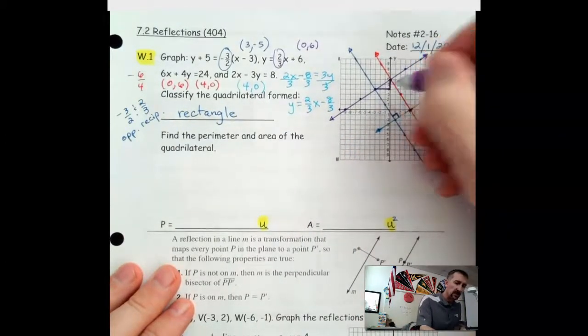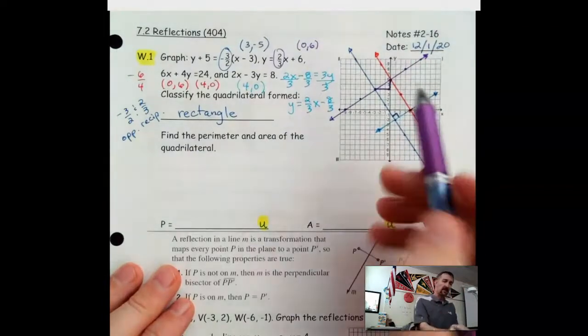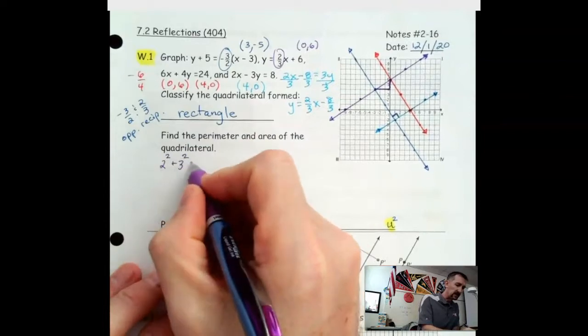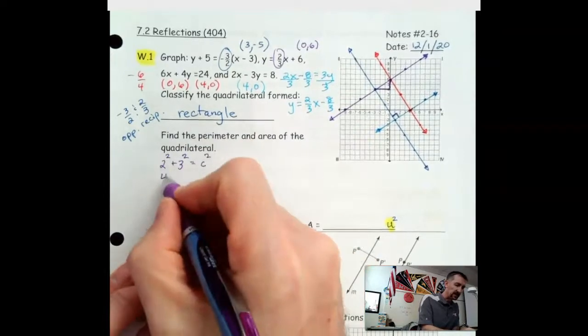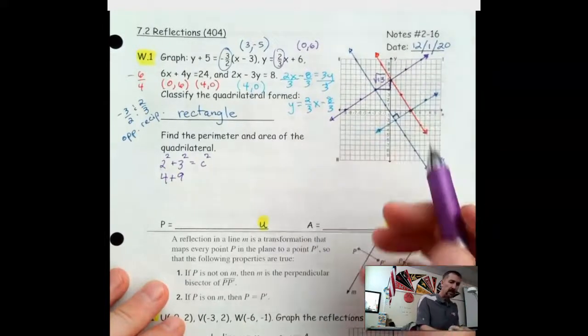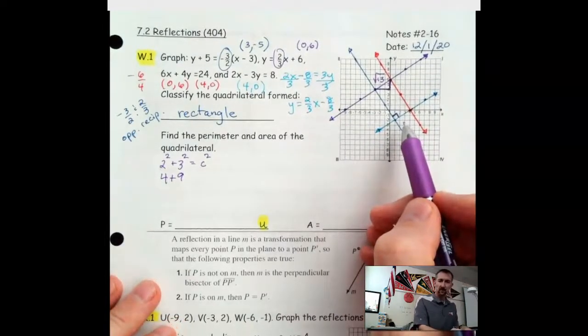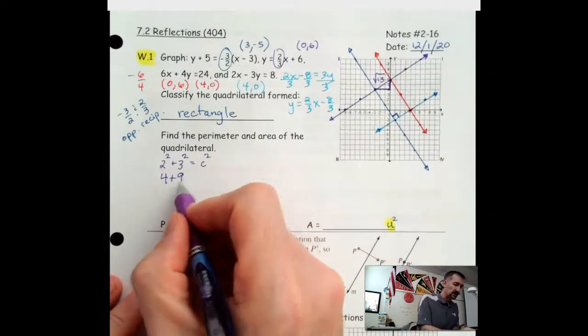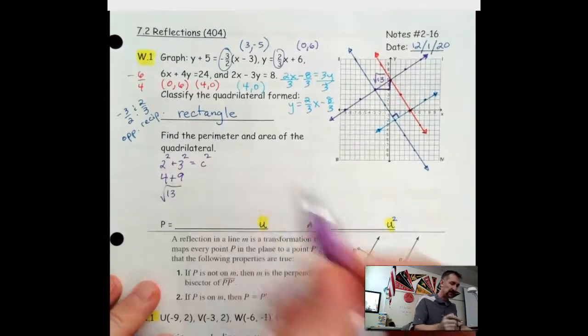So that makes a right triangle, and that's 2 by 3, so that's going to be 2 squared plus 3 squared equals c squared. So that's going to be root 13. And that means this side down here is also going to be root 13 because opposite sides of a parallelogram are congruent. So we have root 13 so far.